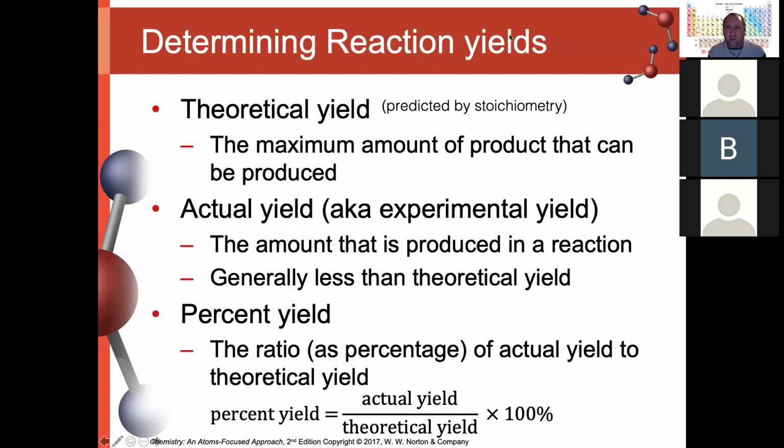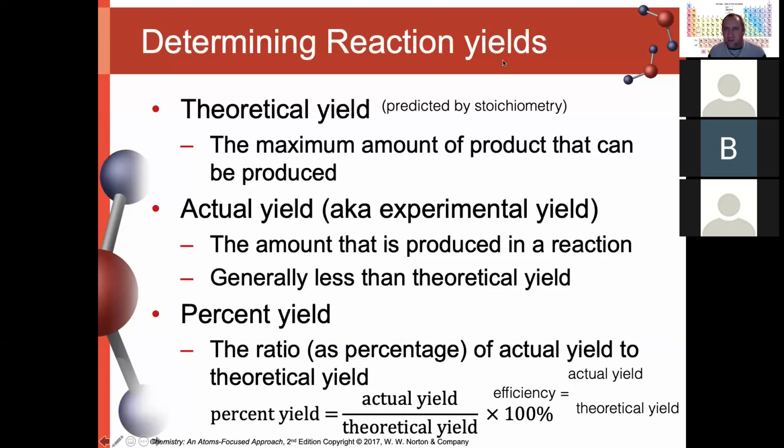Now, there's another version of this that is often used in physics or in engineering fields, called efficiency. Efficiency has the same kind of idea. It is the actual yield divided by the theoretical yield.